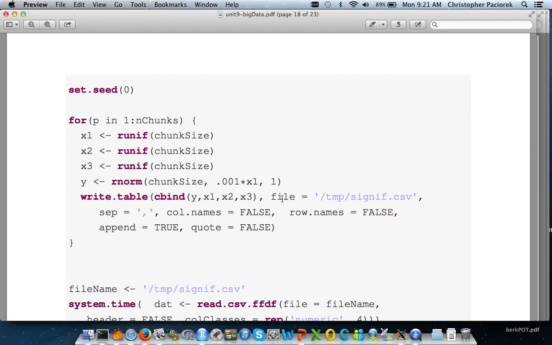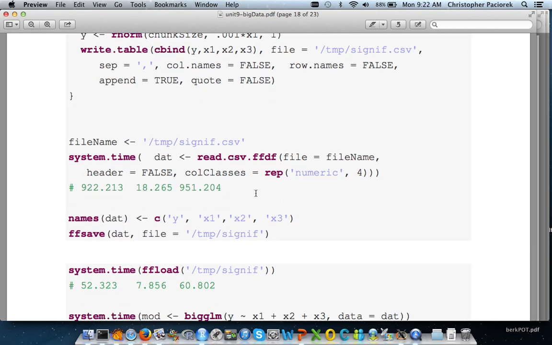So this is basically me generating simulated data under this scheme. Okay, so that's the model that I'm generating from, and then I'm fitting and estimating the coefficients of the model.